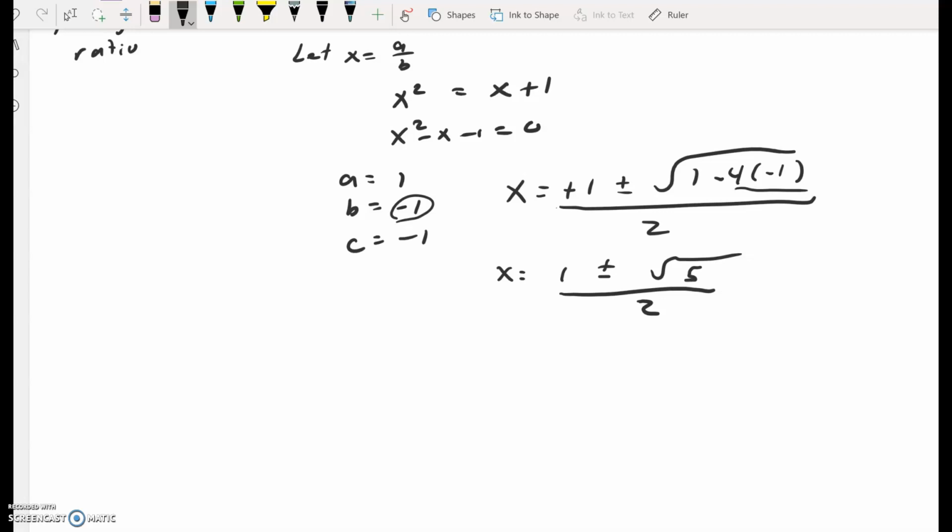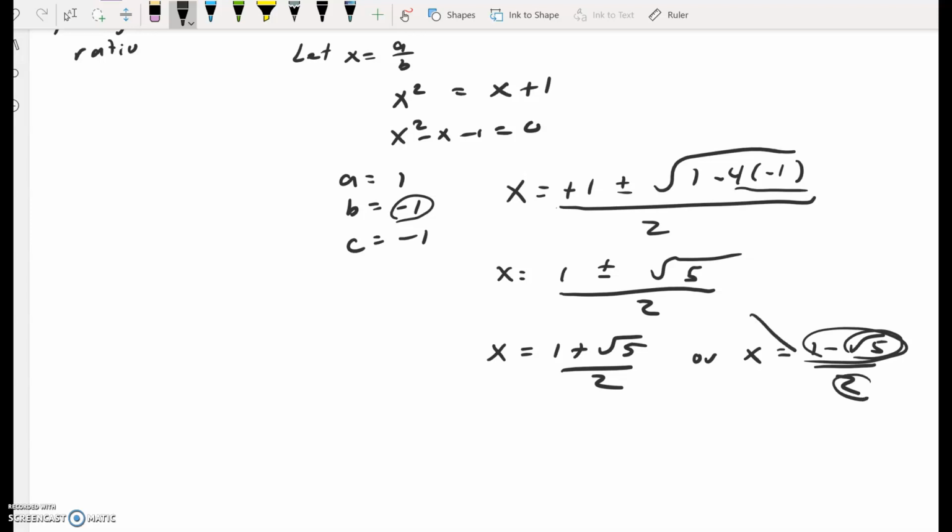And since these lengths of a and b are parts of a rectangle, they can never be negative. And so these are the two solutions that we supposedly have. But this number is a little bit more than 2, so this is negative, and a negative divided by a positive is a negative, and we can't have a negative ratio here.